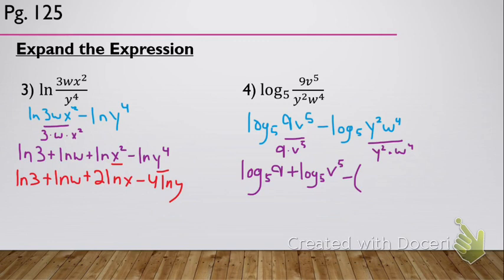We need parentheses, and then we expand: log 5 y squared plus log 5 w to the 4th, and close those parentheses. Okay? And we need parentheses because we're subtracting this whole logarithm.